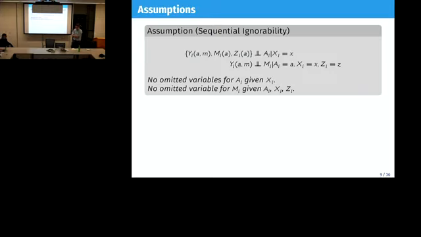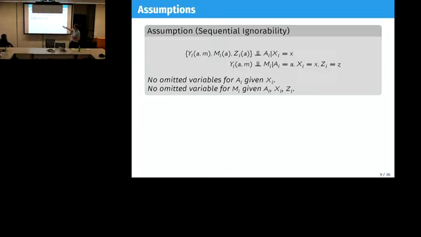So first of all, we get Y of a and m, and then M of a, Z of a. Does it mean that it's for all m's this is valid, or is it a particular m? Oh, you mean this little m here? Yeah, exactly. I didn't actually define these terms.